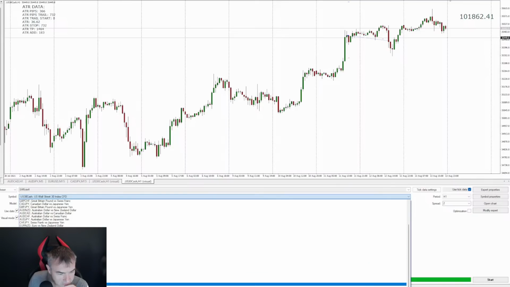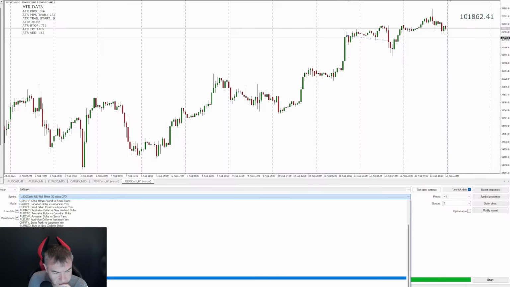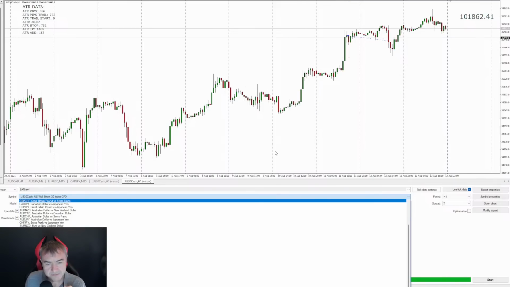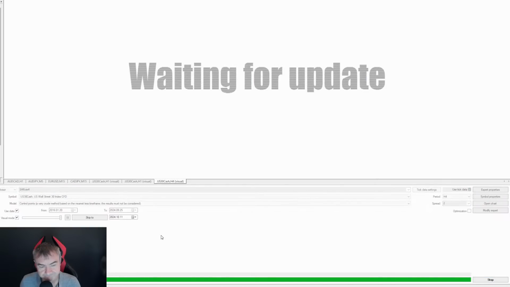I've got a load of stocks on this account because I thought, I wonder if it'll work on individual stocks, and I tested that as well, but it didn't. Stocks gap too much. That's the trouble. 4 hour.